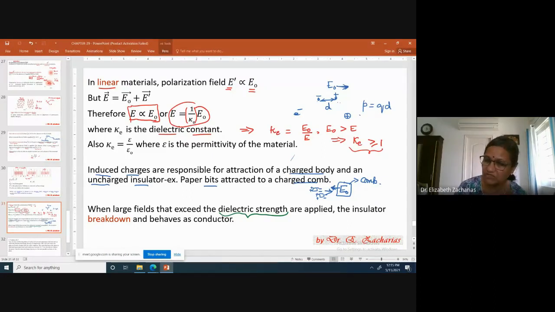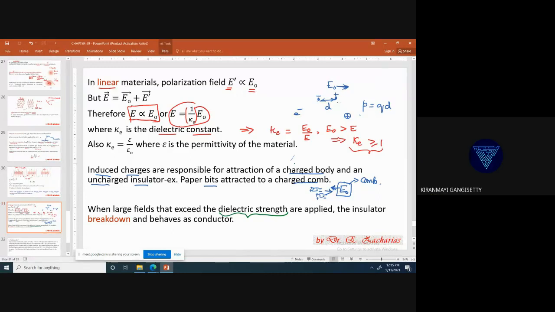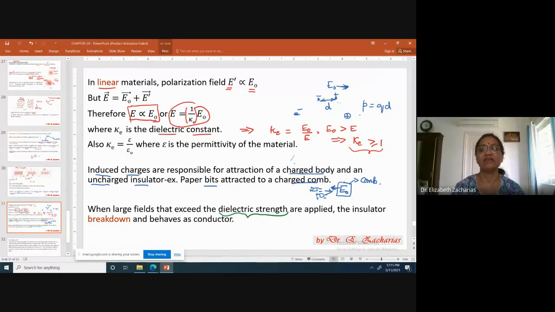Does anybody remember some examples that I gave for breakdown of an insulator? Anyone? Two times I gave this example in the class. In two classes, I gave the example. Anyone remembers? Loudly. Air. I talked about lightning. Air is otherwise an insulator. But when there is a lightning discharge, what happens?